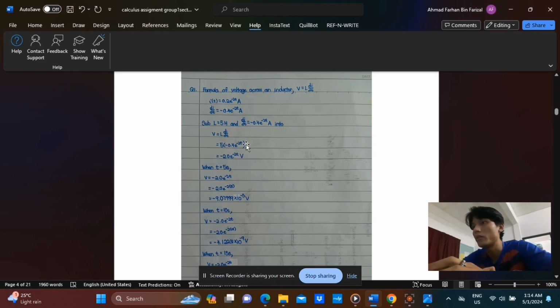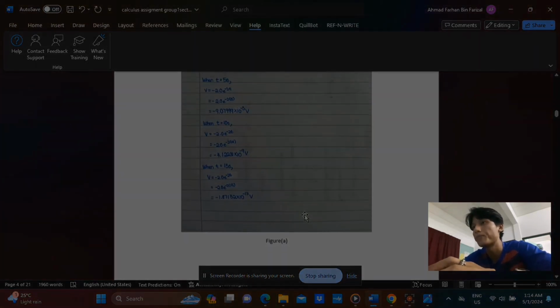And then after we got the formula, we can simply use the equation to find the changing rate of voltage at specific times, like t equal to 5, t equal to 10, and t equal to 15.